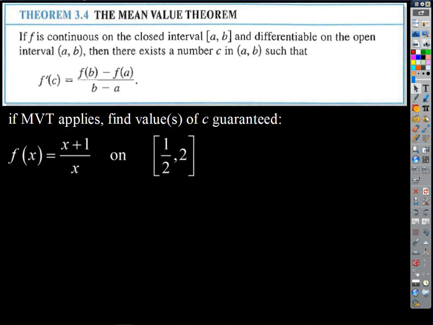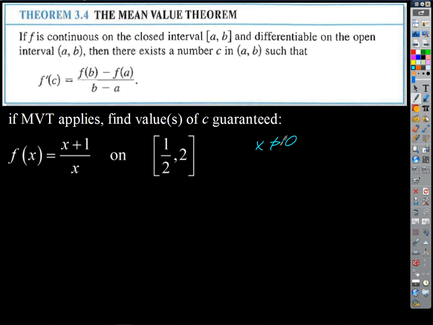Well, there are two parts to the criteria. Is the function continuous on the closed interval? So where's the only place where this function would not be defined, where it would be discontinuous? Okay, so x can't equal 0. But that's okay, because that's not on my interval. So far, so good, right?